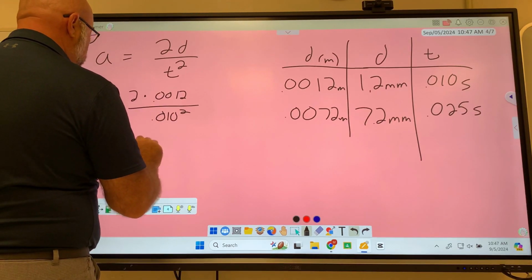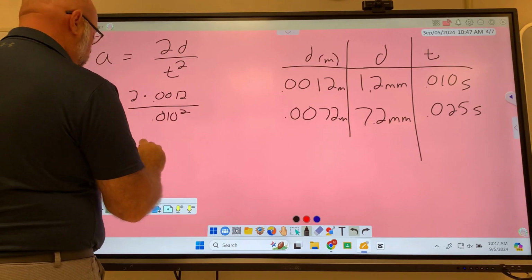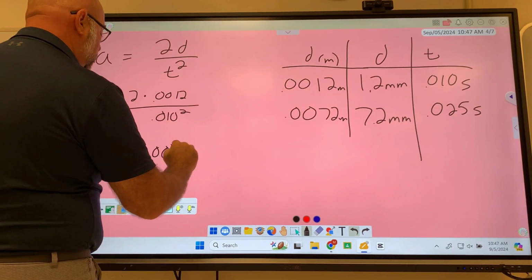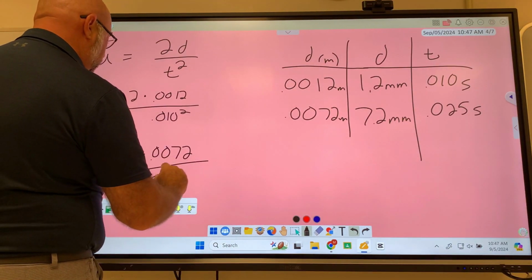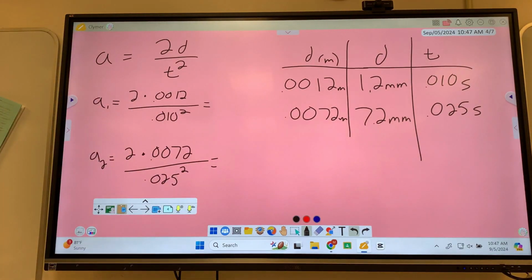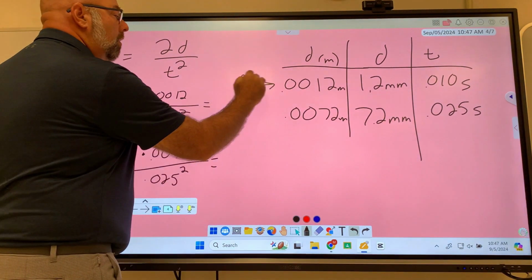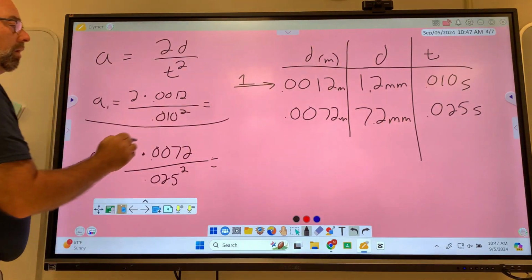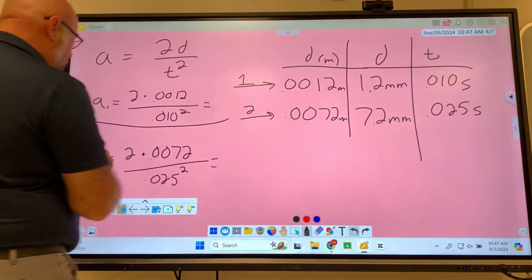I have 2 times, what was my value for D? 0.0072 divided by T for this one is 0.025 squared. Right, now I'm just plugging the points in. I'm plugging in the points on this line first, line 1, into here. And I'm plugging in this point, point 2, in for A2.